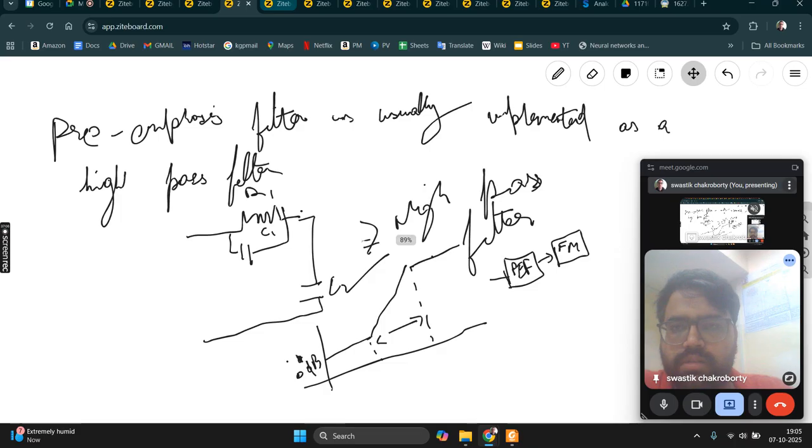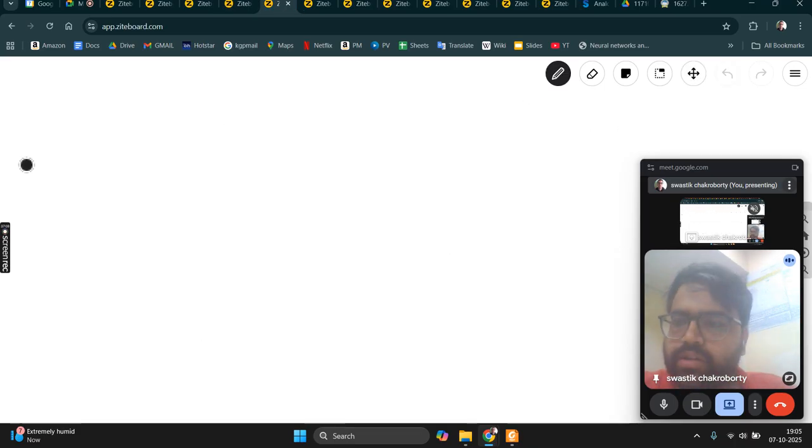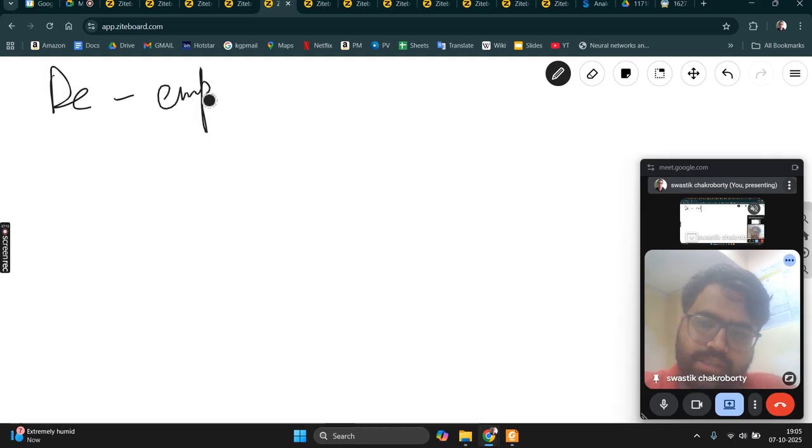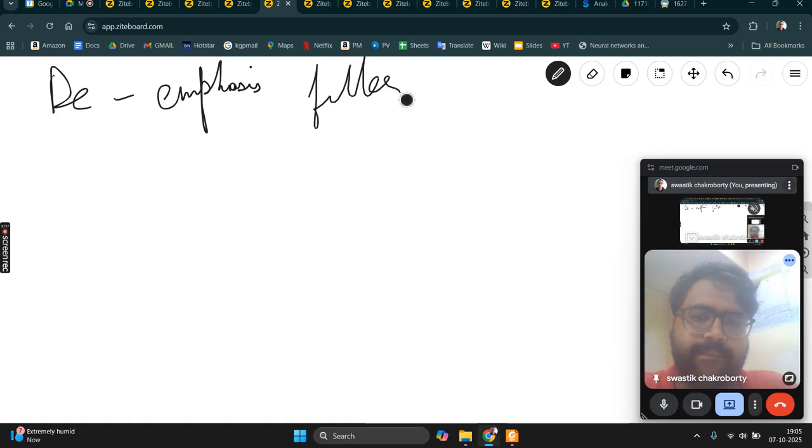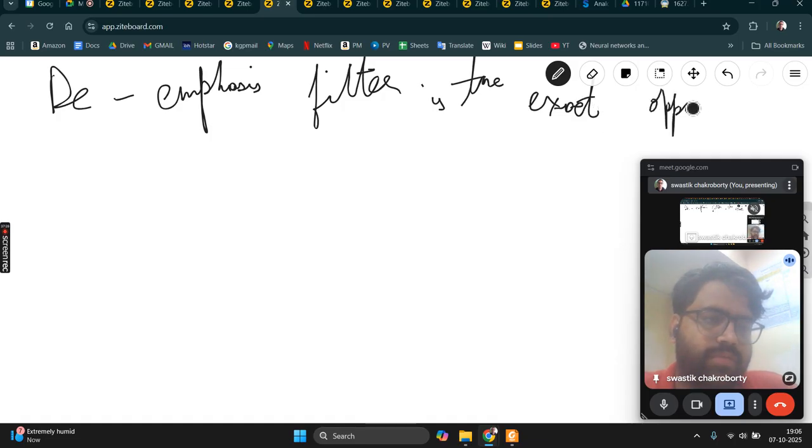Next we will have a de-emphasis filter, and a de-emphasis filter will be exactly the inverse of a pre-emphasis filter. Rather than opposite, I think the term is inverse of a pre-emphasis filter.